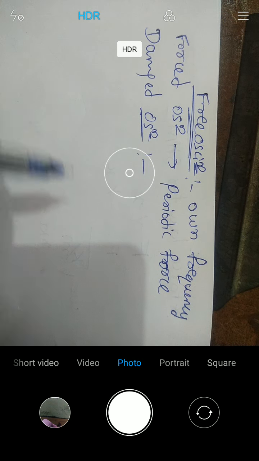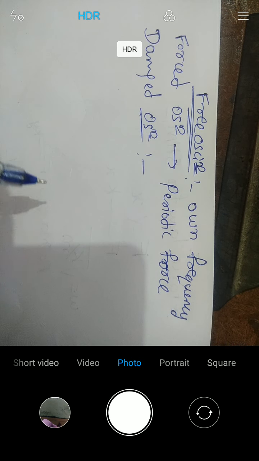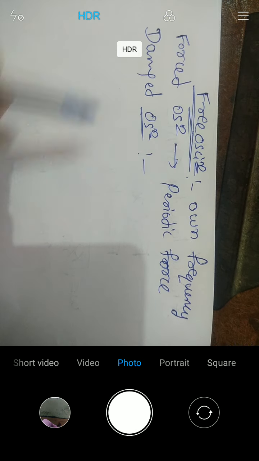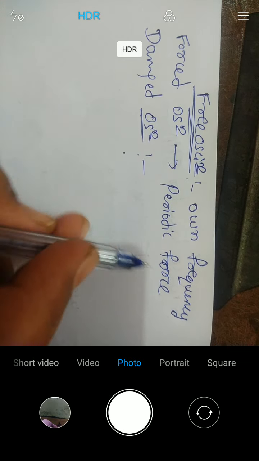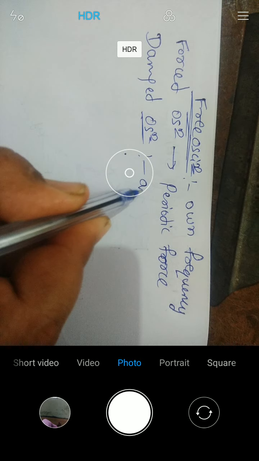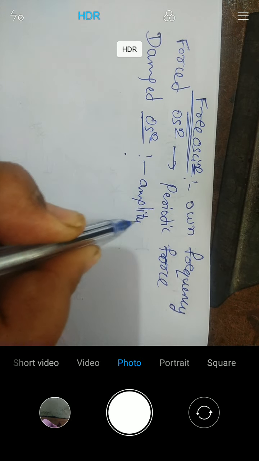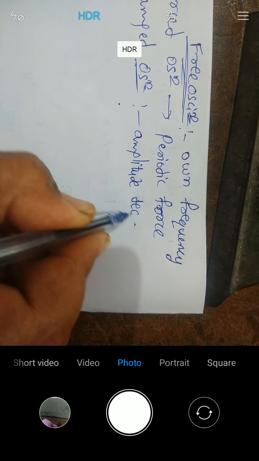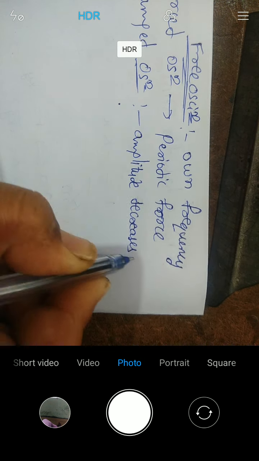For example, the oscillation of the bob of a simple pendulum in air, or the oscillation of a tuning fork in air. These are examples of damped oscillation, where the amplitude decreases with time.